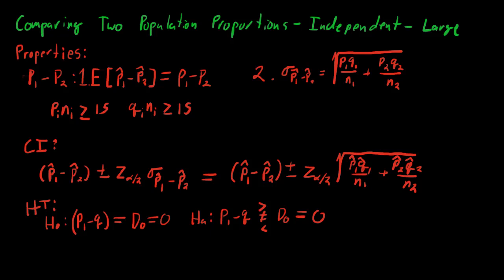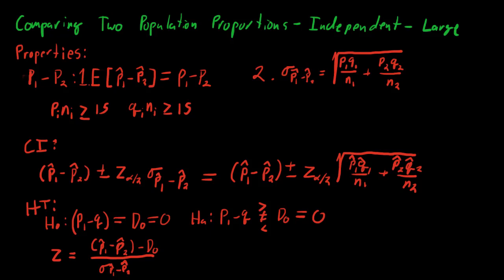For our test statistic, we're just going to use our z value. z is equal to P1 hat minus P2 hat, all minus D0, which again is normally 0, divided by sigma sub P1 hat minus P2 hat.